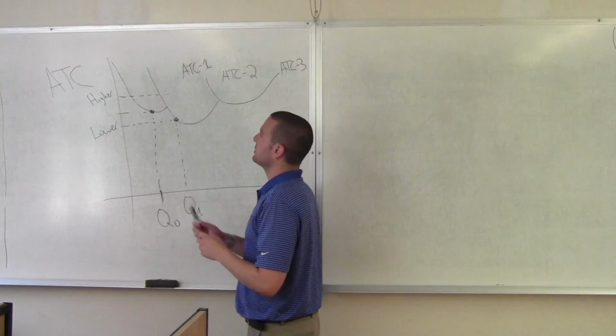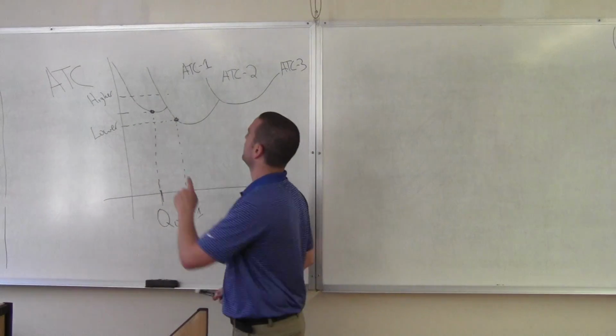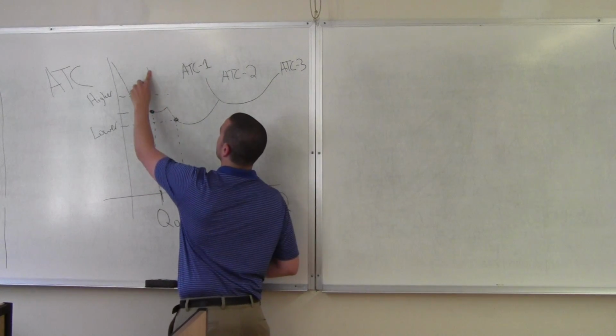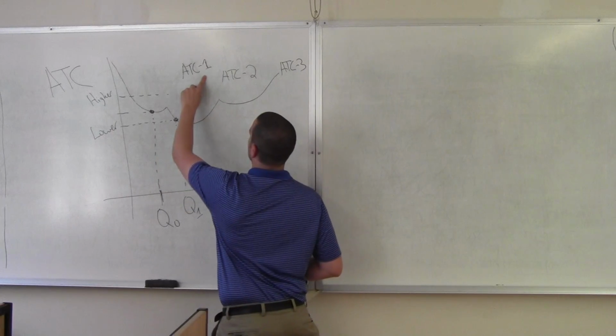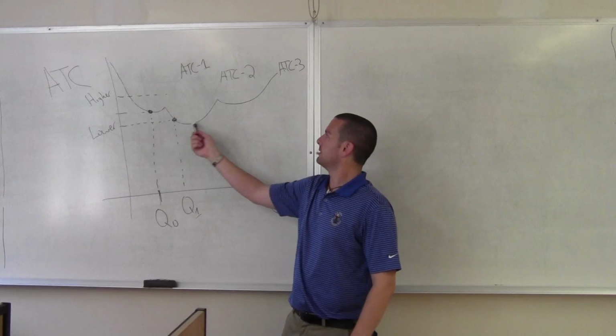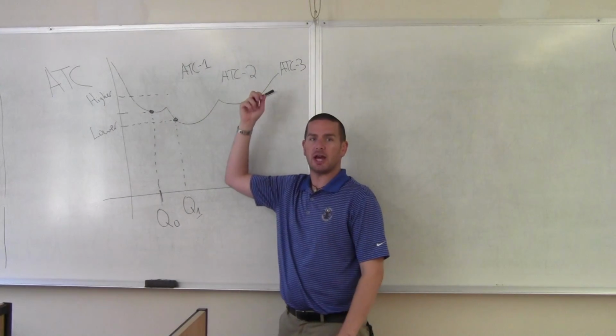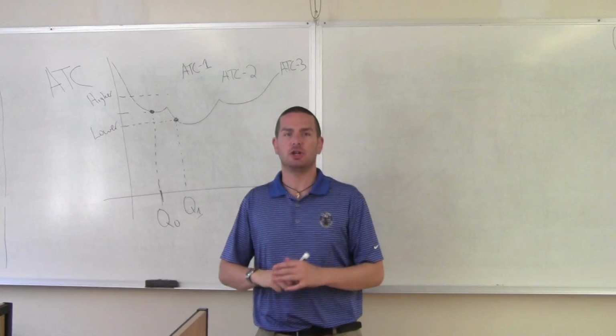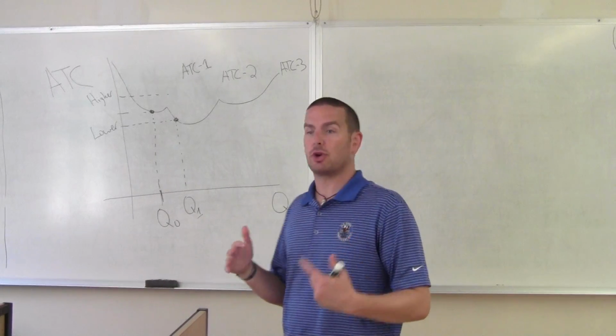Now we're left with these three cost curves, okay? And it's starting to actually look like the long run average total cost curve.